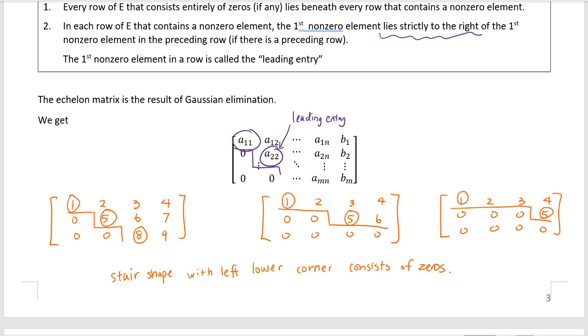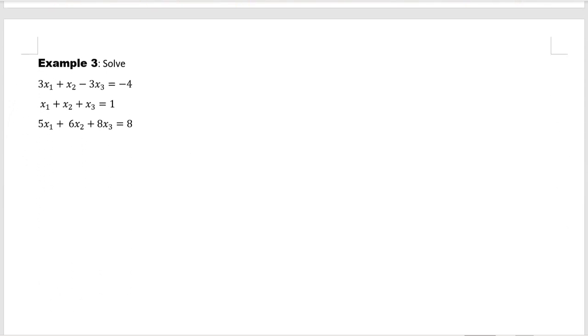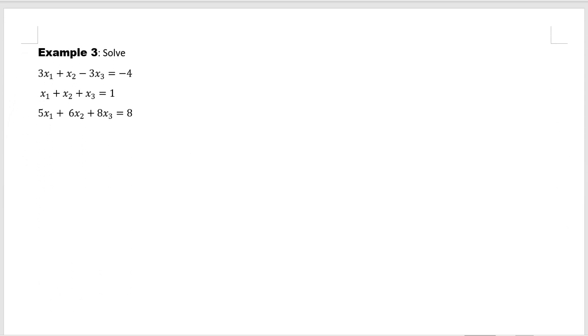So this is an echelon matrix. Once we get the echelon matrix, then we can do back substitution and solve for the unknowns x, y, z, or x1, x2, x3. Alright, so next we're going to do more examples to solve linear systems.